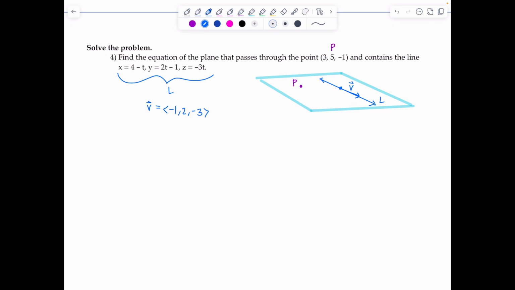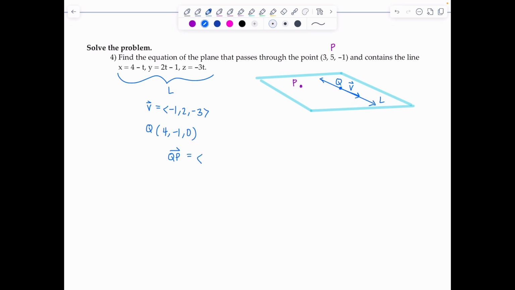Well, take a point that's on the line. I'll call it Q. I'll just plug in 0 for t. Q has coordinates 4, -1, 0. Can you make a vector now? Let's go from Q to P. That would come out nicer.